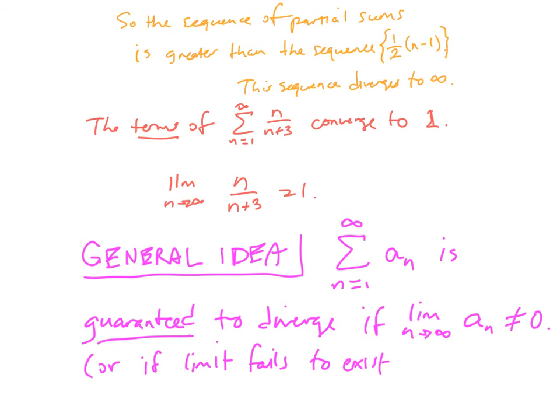In other words, if I want an infinite series to have any ghost of a chance at converging to a finite real number, I need for the individual terms of the series to go to 0.